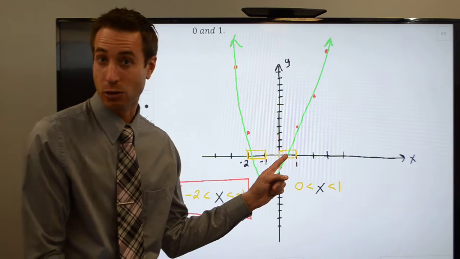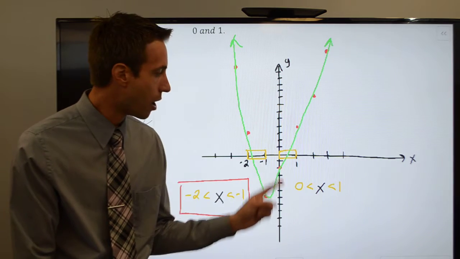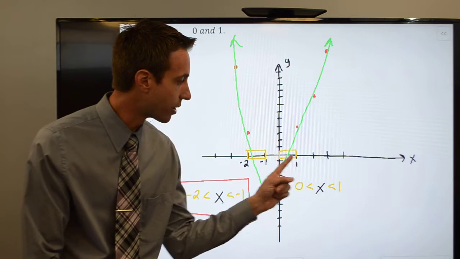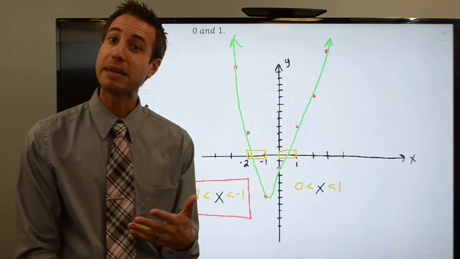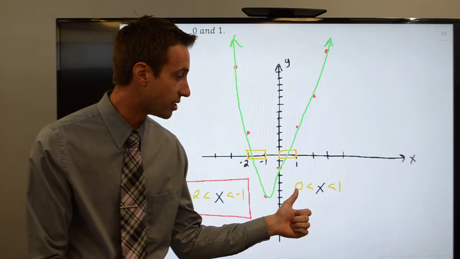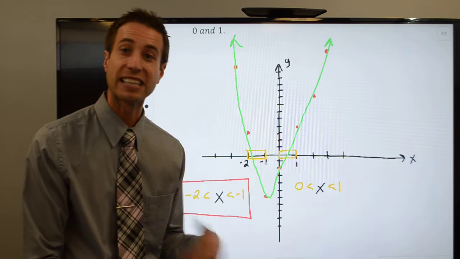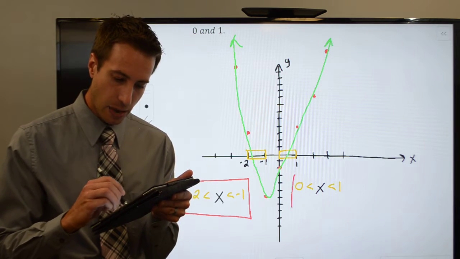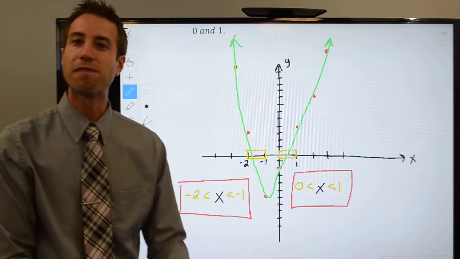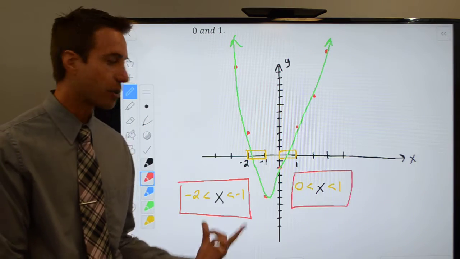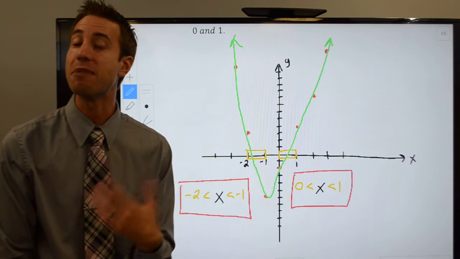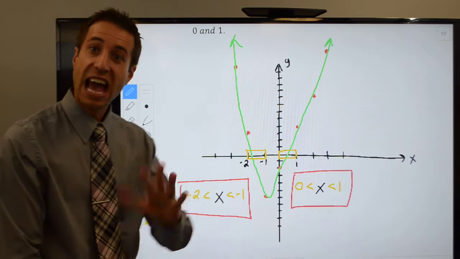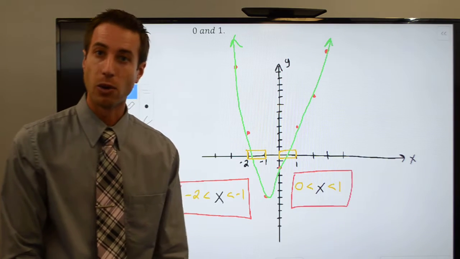Since my graph crosses somewhere between x equals 0 and x equals 1, it's somewhere inside this box, that means that my consecutive integers are 0 and 1. My value of x is somewhere less than 1, but greater than 0. Instead of finding roots, I have found consecutive integers. I know that my solutions are somewhere between -2 and -1, and somewhere between 0 and 1.